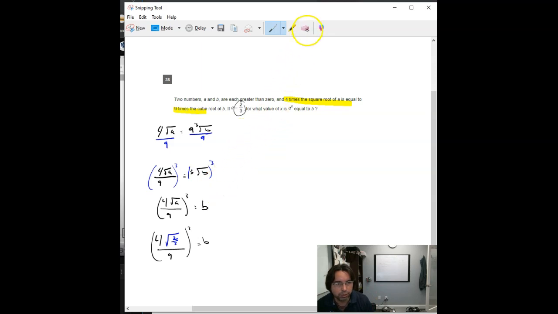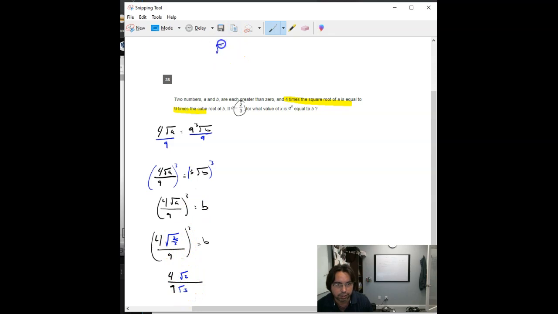So now it's going to look like 4 over 9, but that square root term is going to be the square root of 2 over the square root of 3. So essentially what we've done is distribute that square root term into both numerator and denominator.